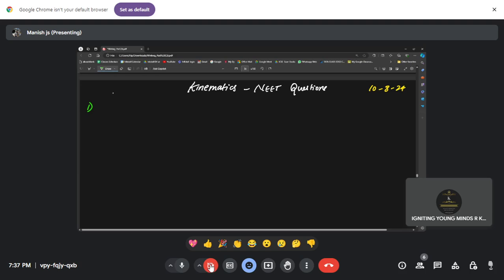A body of mass m moving along a straight line covers half the distance with a speed of 2 meters per second.